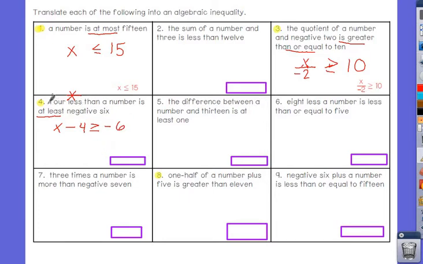Okay, let me explain this one a little further. This 4 less than a number is why it has to be written backwards. If someone was describing my age, so my age was the variable, and they said, I am 4 less than their age. What am I doing to their age to find my age? Subtracting 4. So if somebody wrote it like this, they're saying my age has to be below 4 years old.